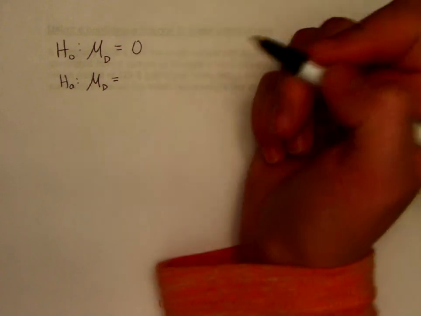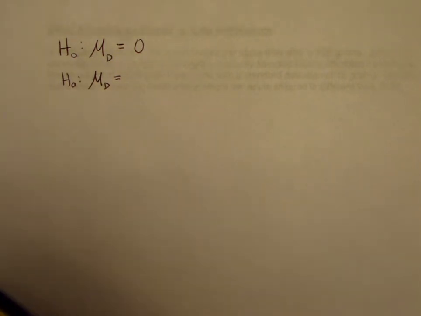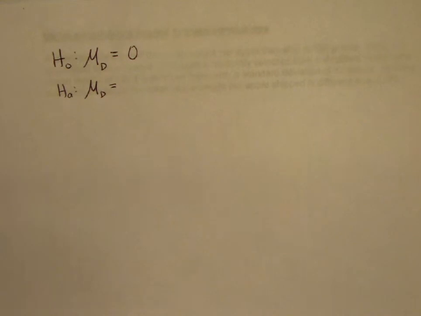Now the alternative is that there is increased depression with the placebo. The placebo would give you more depression because you don't have your caffeine, so we're trying to show that there's more depression with the placebo. In this situation, sorry, I shouldn't have written equals.